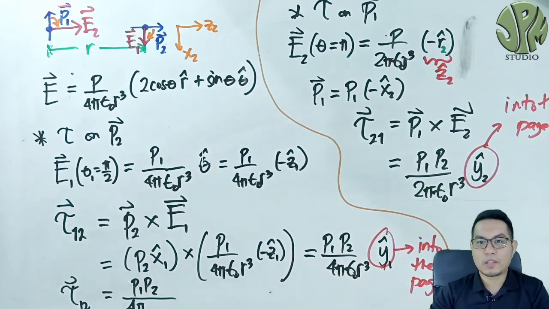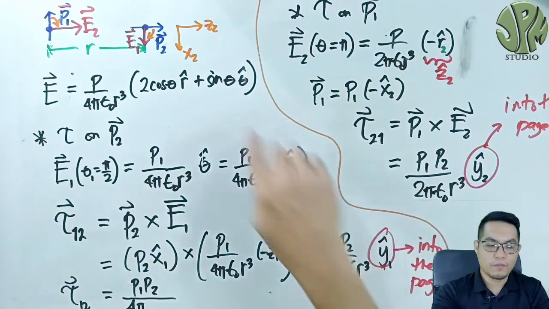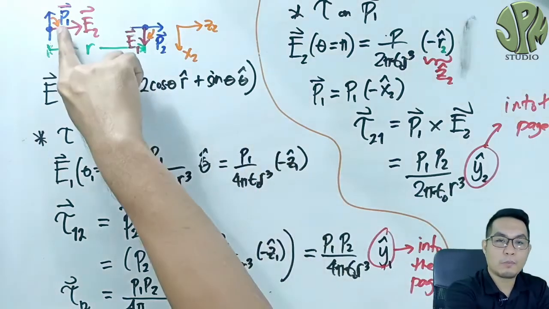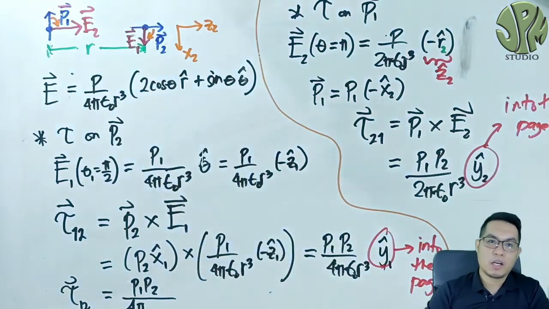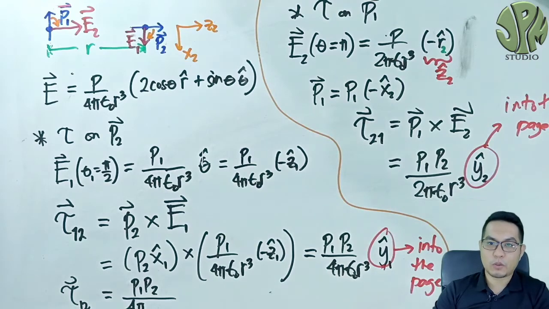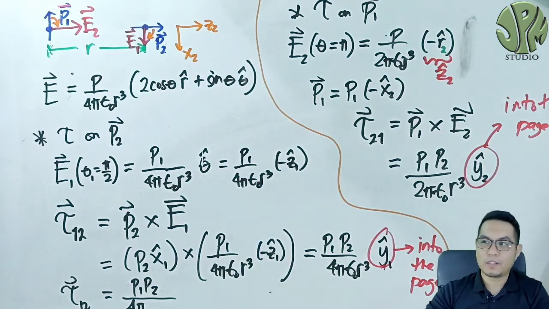So the rotation of dipole P1 will be much faster as compared to the rotation of the dipole P2. So again, they will both exert a torque on each other. Okay, so that is now the answer to example number 2.